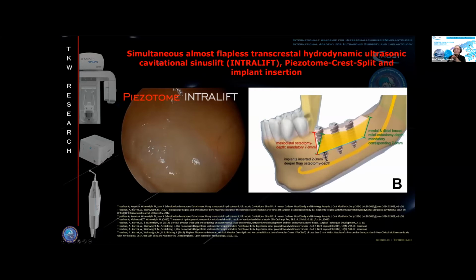And what the body does is, because the bone does not know that this fracture was done by a dentist. You always have to see issues from the standpoint of the bone. From the standpoint of the bone, this is a simple fracture. The bone doesn't care if you just fell down and broke your jaw, or if you as a dentist or oral surgeon or oral maxillofacial surgeon just split the bone artificially.